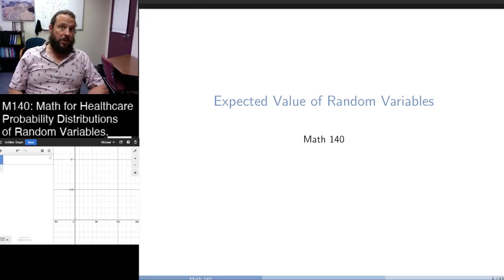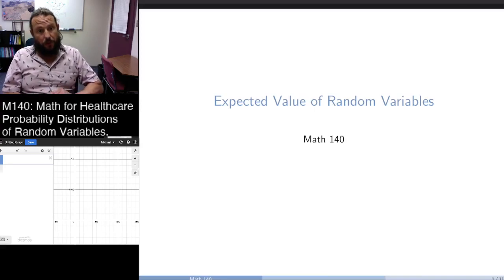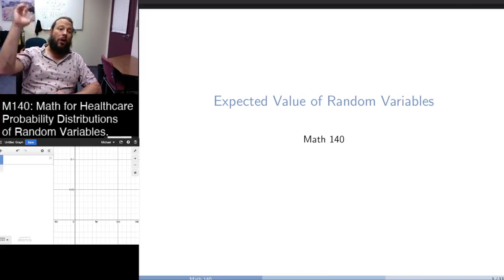Just like when we say the probability of something is 0.2, what does that mean? It doesn't mean that it's going to happen one out of every 5 times. In the long run, after millions of trials, the proportion will even out to about 1/5 or 0.2. So similarly, the expected value is this long-term average.